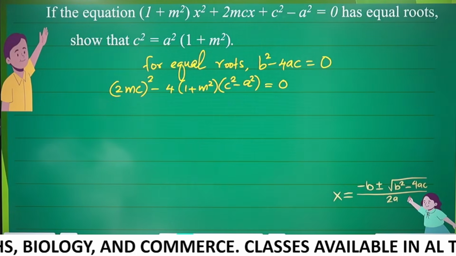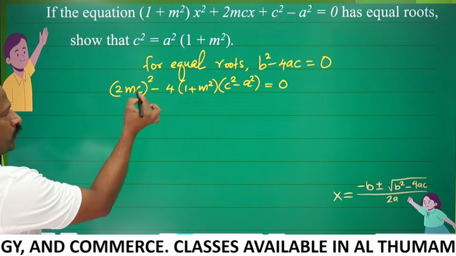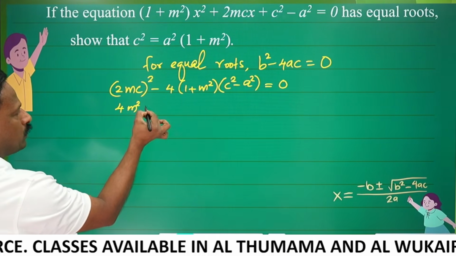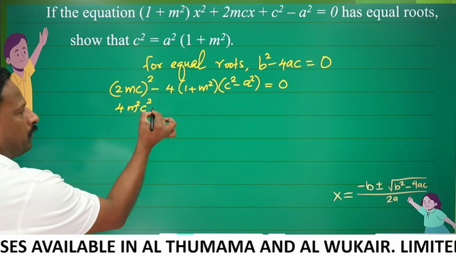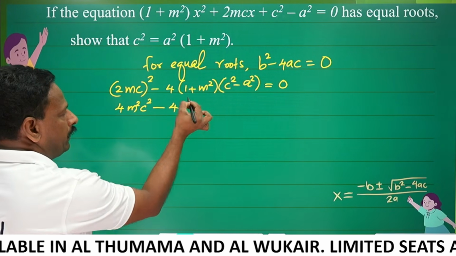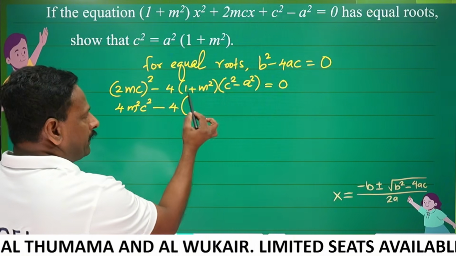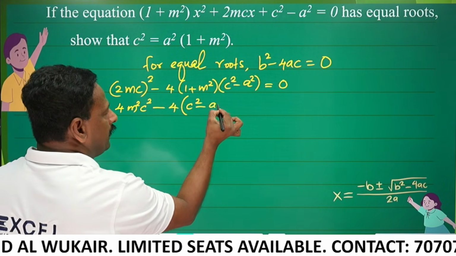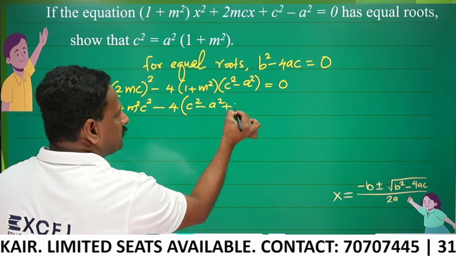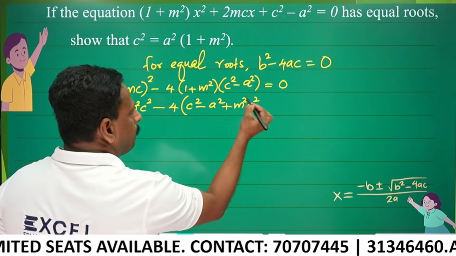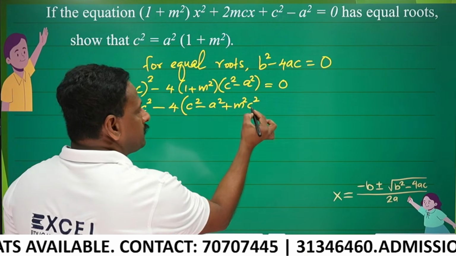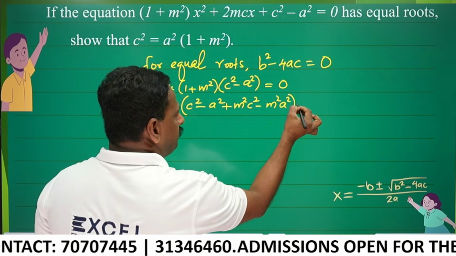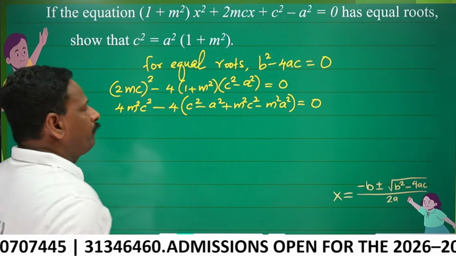So now we have to simplify this one. So this is 2 square is 4 m square c square minus 4 into, so we will open this bracket, 1 into c square is c square minus a square plus m square c square minus m square a square equal to 0.